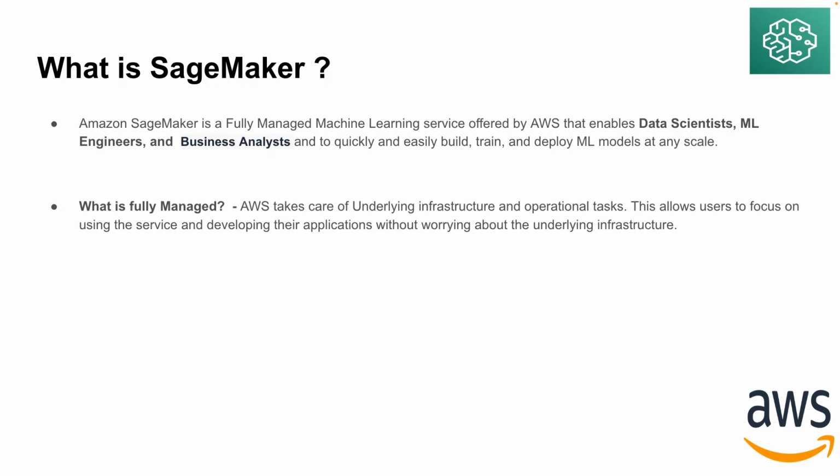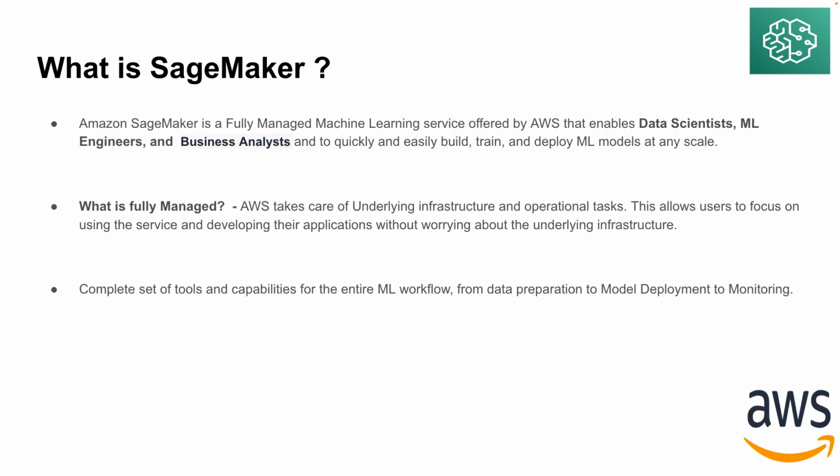What do you mean by fully managed? Basically, AWS takes care of underlying infrastructure and operation tasks, so that you, being a data scientist, machine learning engineer, or business analyst, focus on what you need instead of worrying about the internal architecture or internal hardware related stuff.